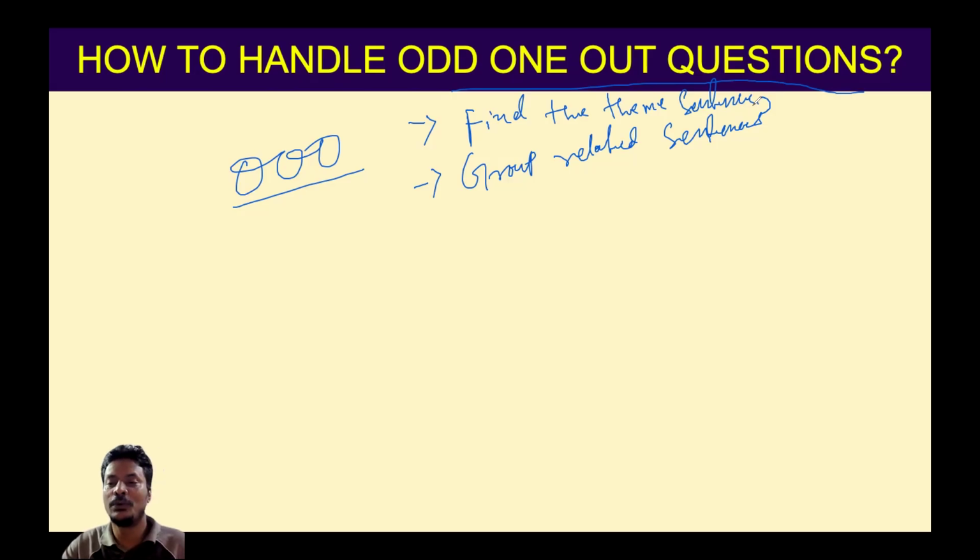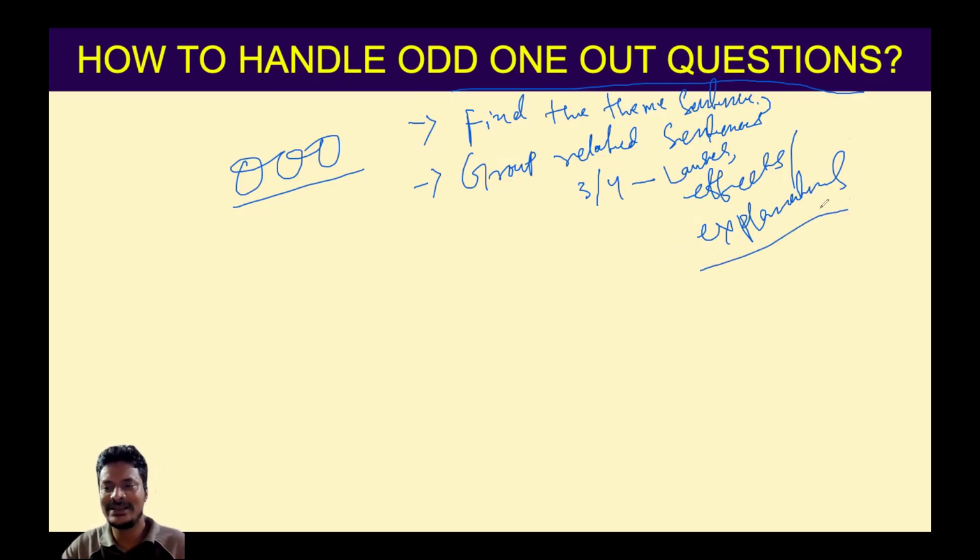If three or four sentences talk about causes, or effects, or explanations, it means they belong together. That's what grouping related sentences means.